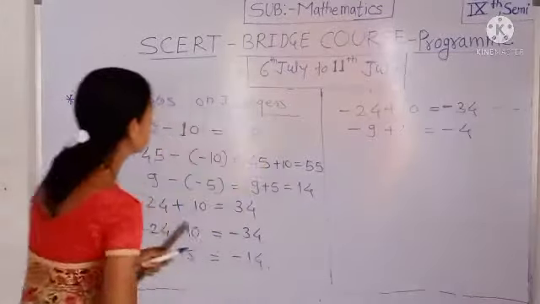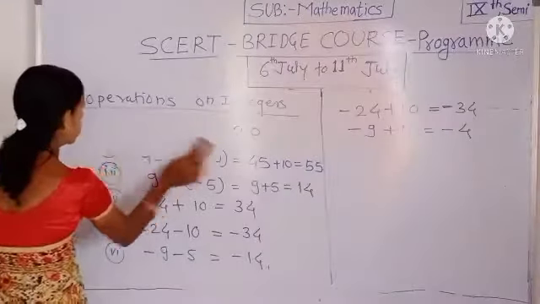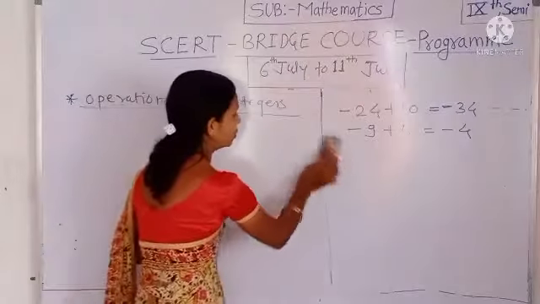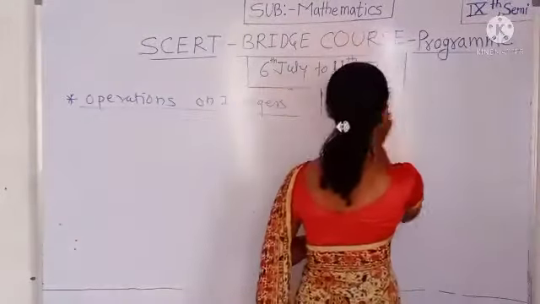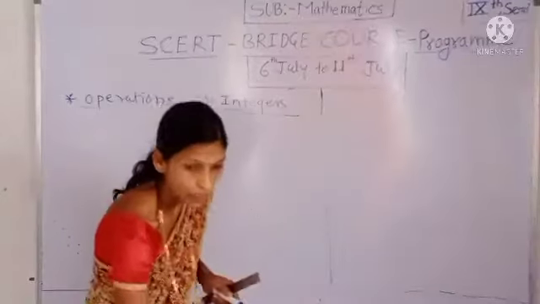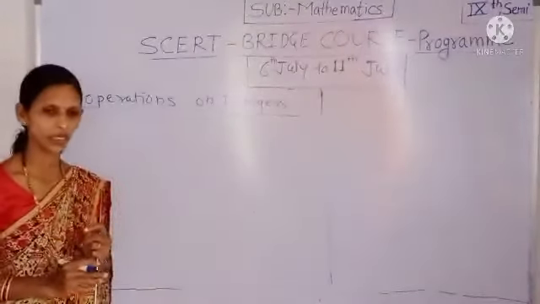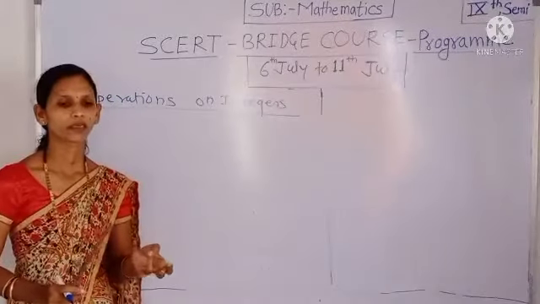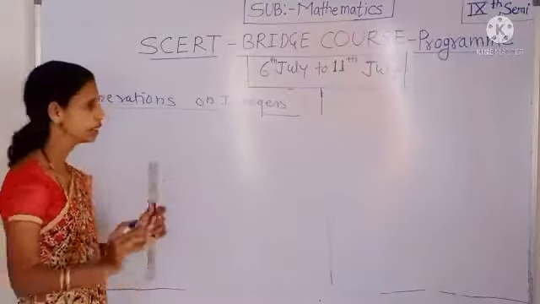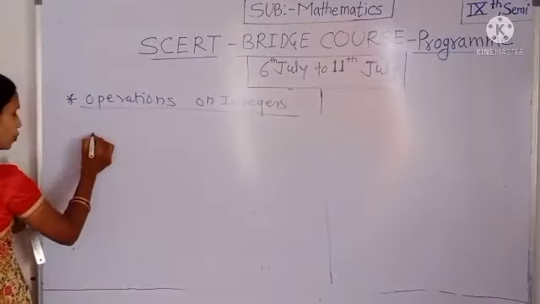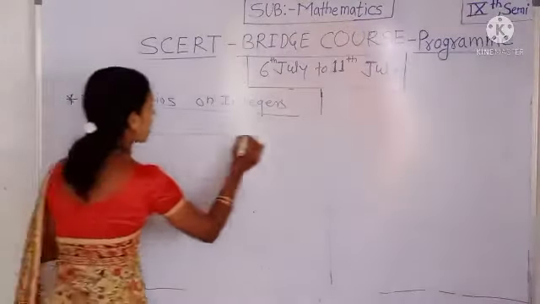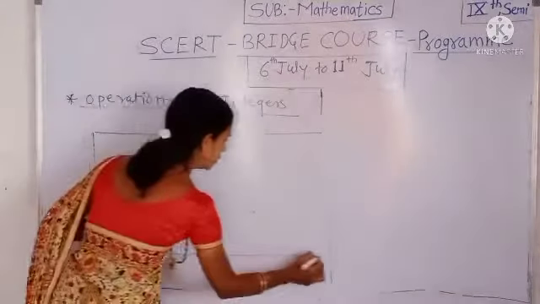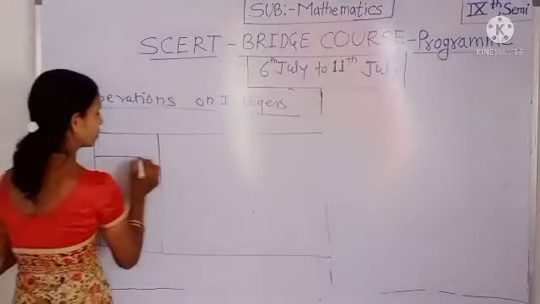Then we will remind a few more concepts. If numbers are given, then you have to identify whether that number is a natural number, whole number, integer, or rational number. Then I am going to give you one chart. Then you have to complete this chart.